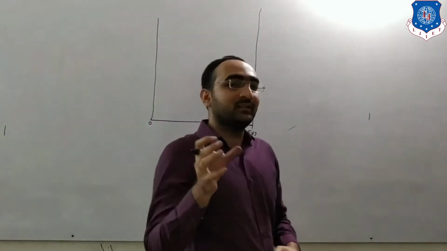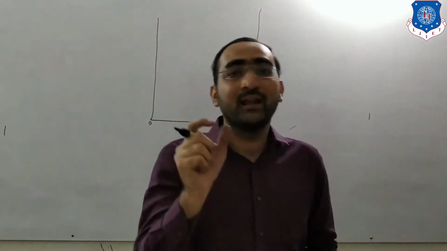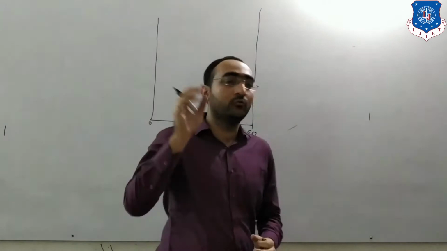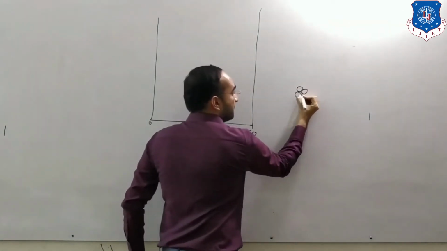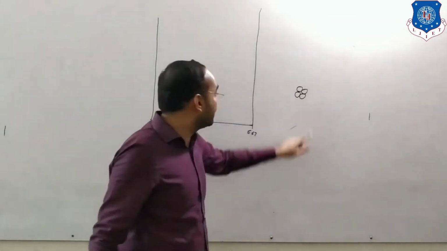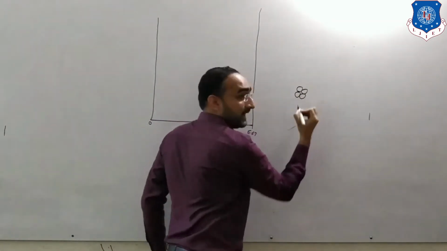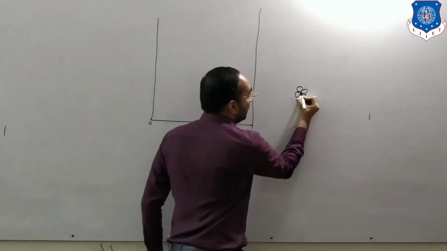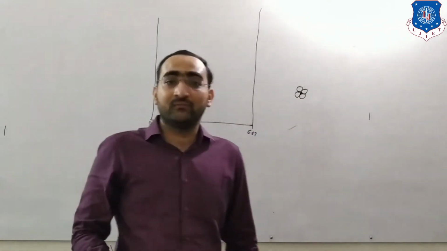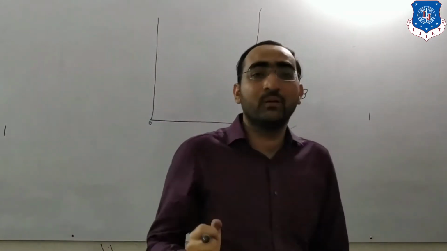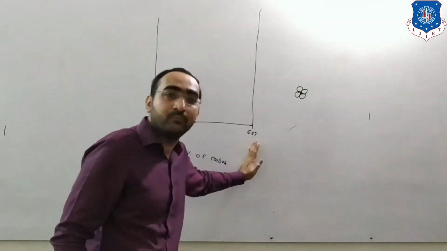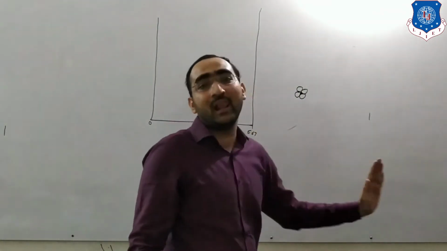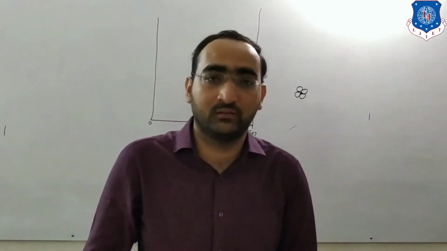Because whenever iron is sitting, there is a void or an empty space generated between the two particles of iron, and the carbon is allowed to sit over here. So the area in which the carbon is sitting is limited, and that's why only 6.67% carbon is allowed to sit inside.